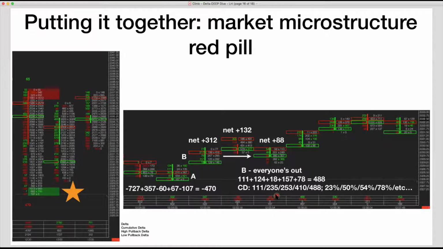Now, a few things to note. We came down. Look where the areas are of the lowest delta here. That's where we traded to. This was our inflection point where the 470 netted out to 0. And look where the largest negative delta was.